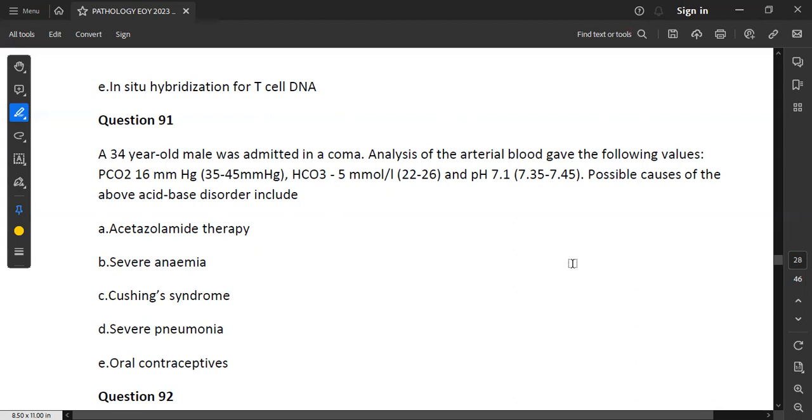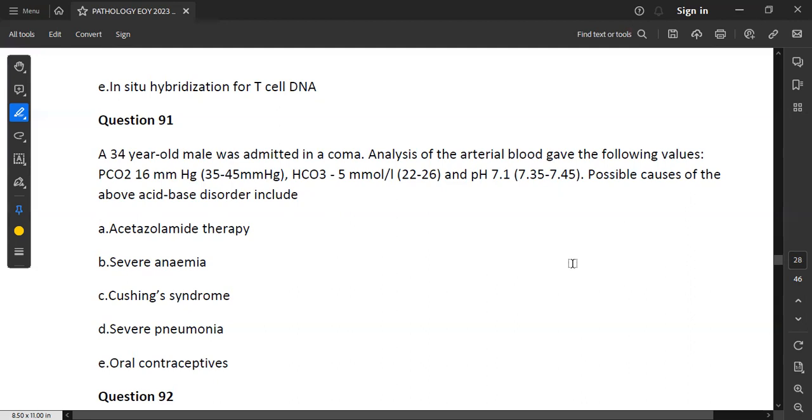Who can classify this acid-base disorder? Yes, it's metabolic acidosis, partially compensated.